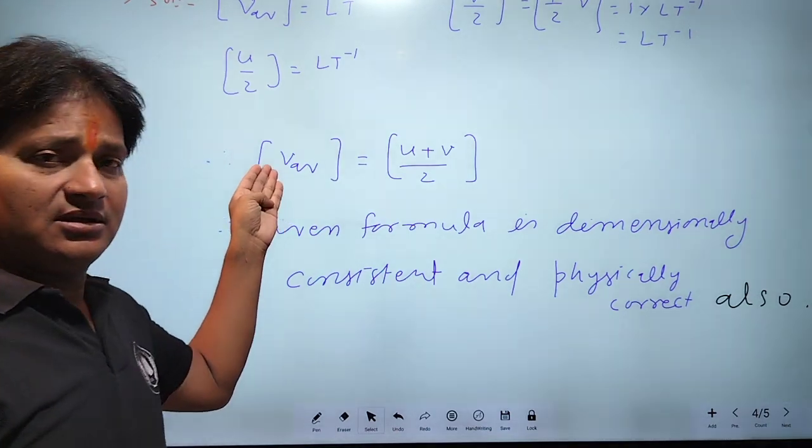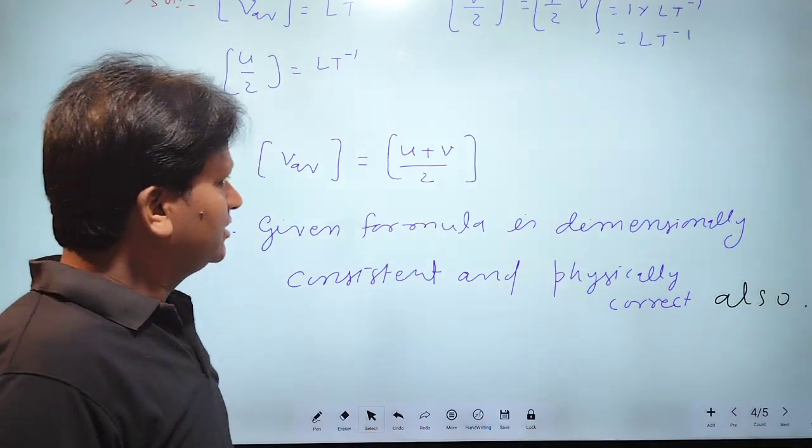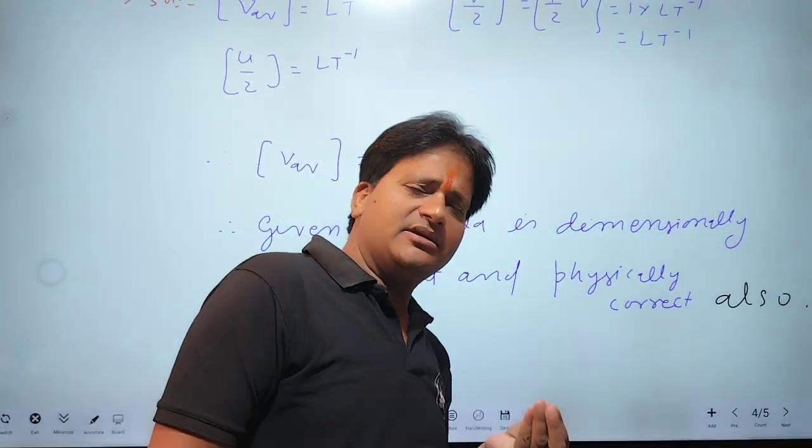This is also called mean velocity, and it will be equal to (u plus v) by 2.